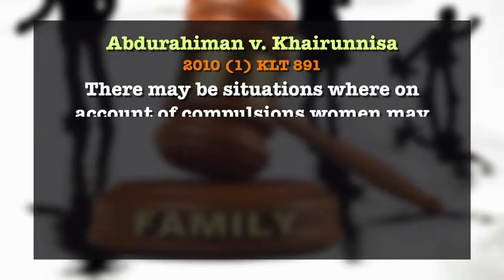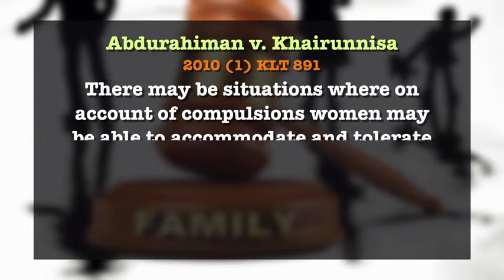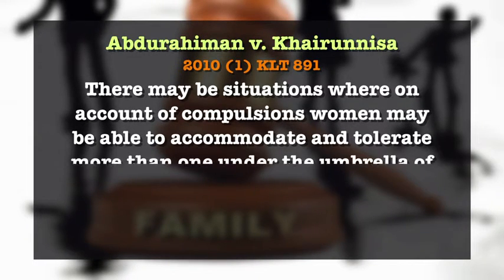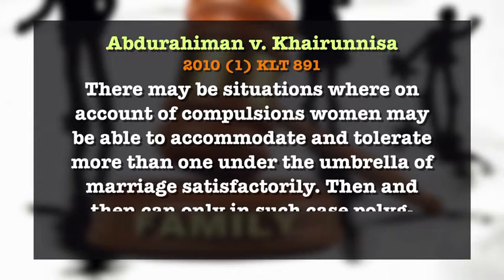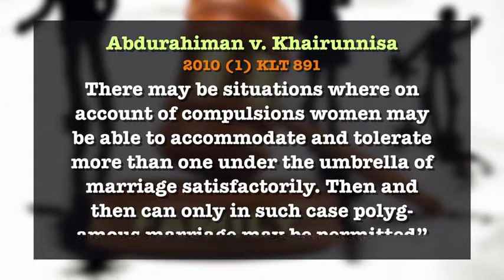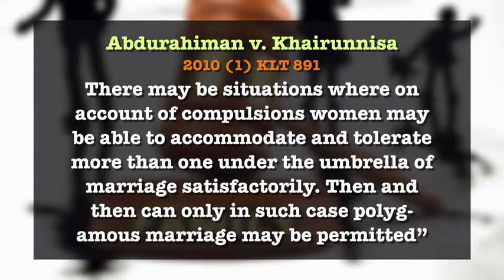There may be situations where on account of compulsions, women may be able to accommodate and tolerate more than one under the umbrella of marriage satisfactorily. Then and then only in such case polygamous marriage may be permitted."